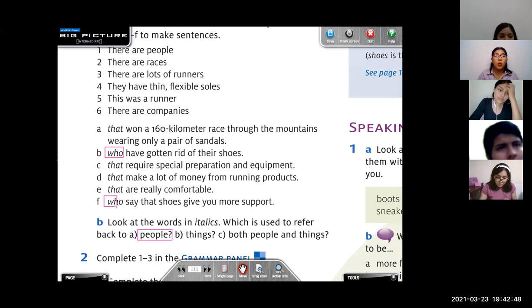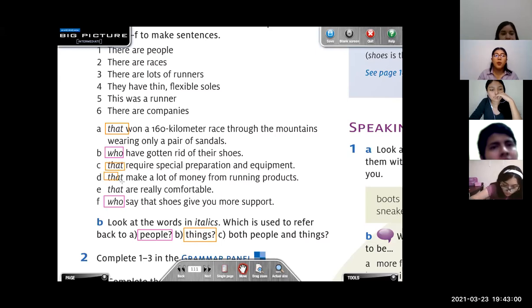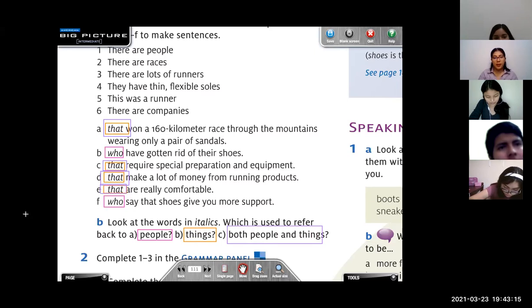So we use who when we refer back to people. And what do we use for things? That. And for both people and things? That too. We can use that to refer to people and things, right? So for both. Very good.